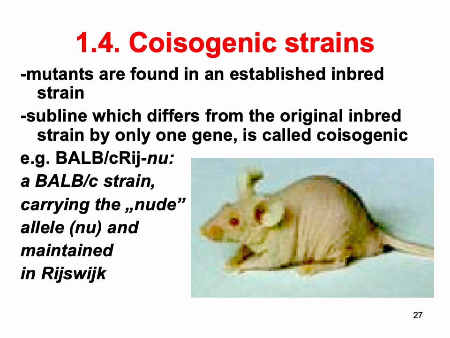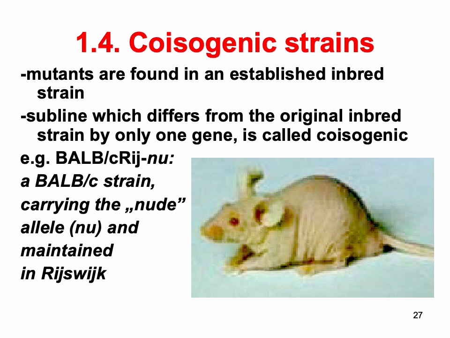The next possibility is the co-isogenic strains. Mutants are found in an established inbred strain. A subline, which differs from the original inbred strain by only one gene, is called co-isogenic. For example, BALB/c nu, a BALB/c strain carrying the nude allele and maintained in Rijswijk.